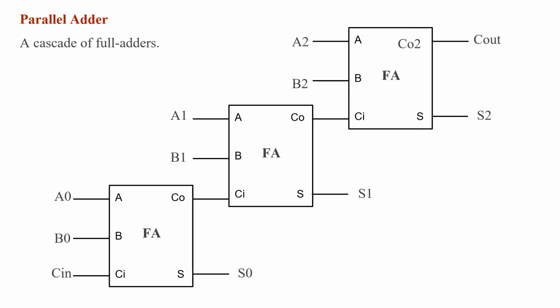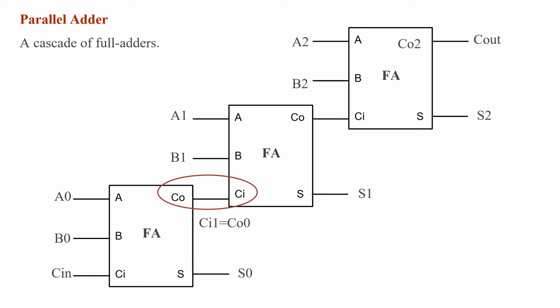We can connect multiple full adders to create a parallel adder in this way. So notice how input A is now changed to A0, A1, A2. A0 is the least significant bit, and input B is changed to B0, B1, B2. To create the connection, we have to connect the carry out of the first full adder to the carry in of the next full adder.